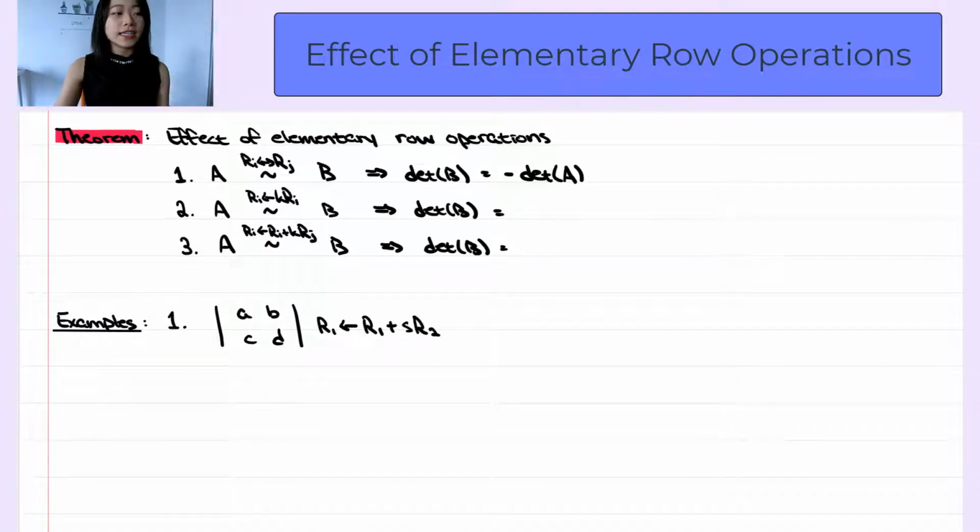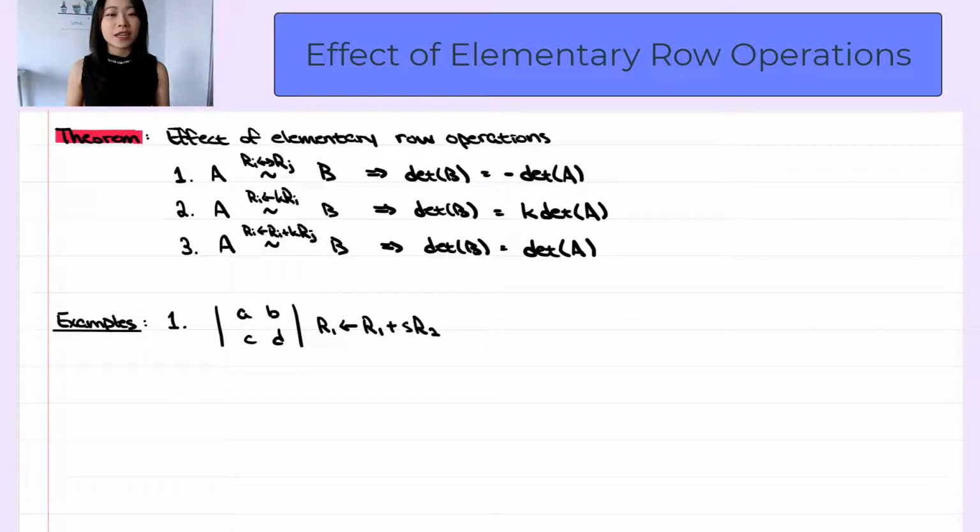And if it's the second type, if we replace a row by a scalar multiple of itself and we get to matrix B, then determinant of B equals the scalar times determinant of the original matrix. In the third type, when we add a scalar multiple of another row to the row, then the determinant of the resultant matrix remains the same. It equals determinant of the original matrix.